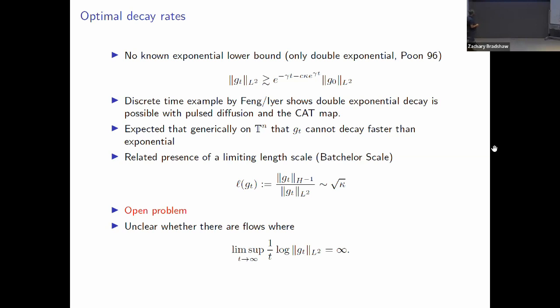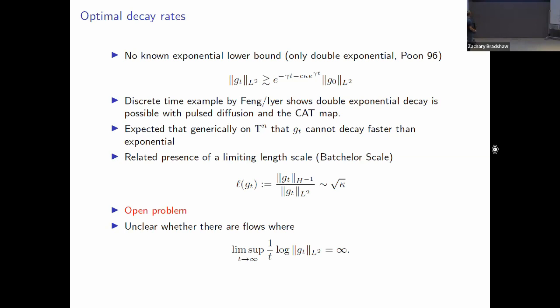All of these are open problems. So showing that this is true, and showing that I can get anything better than an exponential lower bound, is open. And a way to rephrase that is that it's unclear whether, if I look at the asymptotic exponential decay rate of G2, it's equal to, I'm sorry, that should say minus infinity.